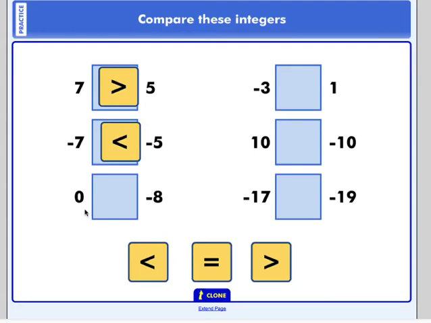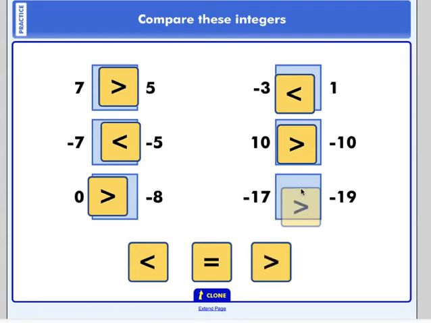Okay, when you did 0 and -8, you should have decided that 0 is greater than -8. -3 is less than -1. 10 is greater than -10. And -17 is greater than -19. Okay, how did you do?